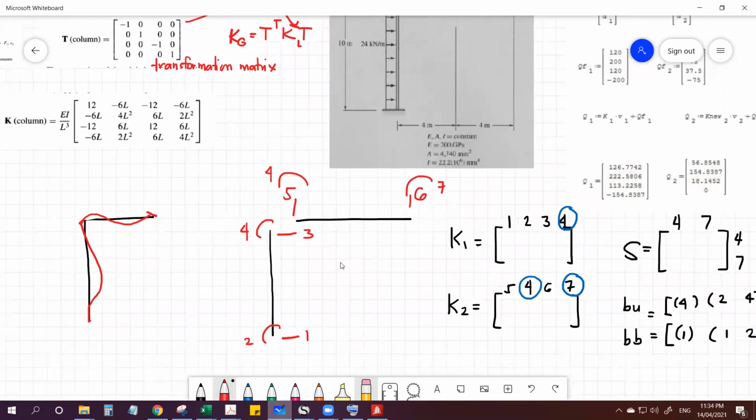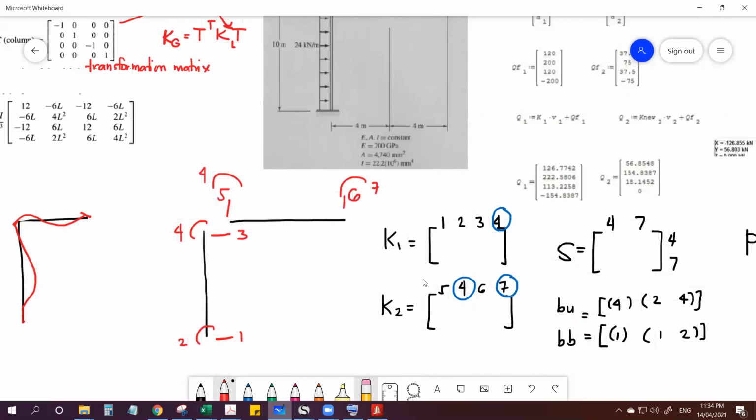So let's set up K1. The codes are 1, 2, 3, 4. I encircled only 4 because again we're assuming only a rotation on that joint, no vertical and horizontal displacement, because this is a frame without sway. And again, as an assumption in a frame, axial deformation is assumed negligible.